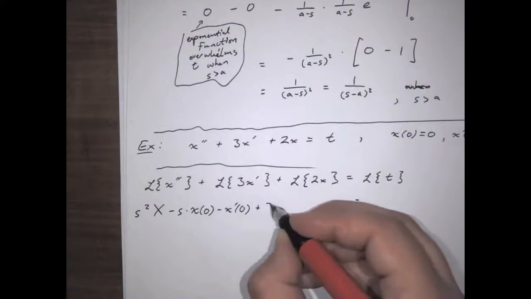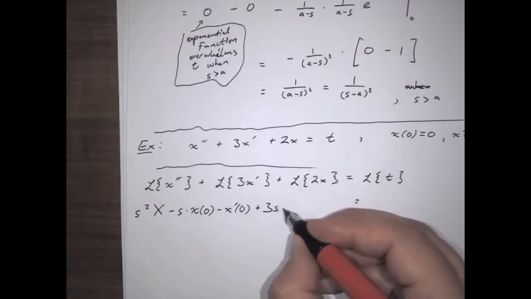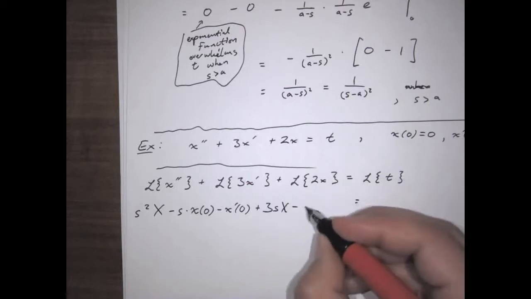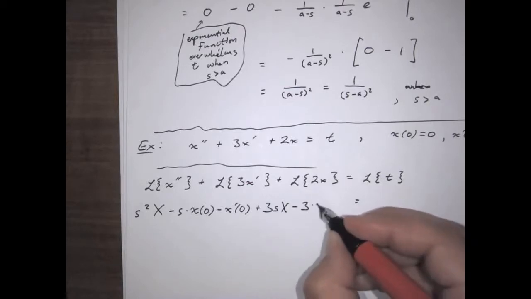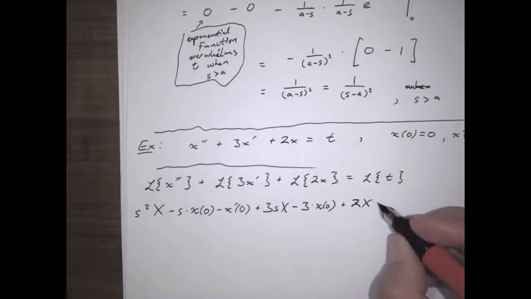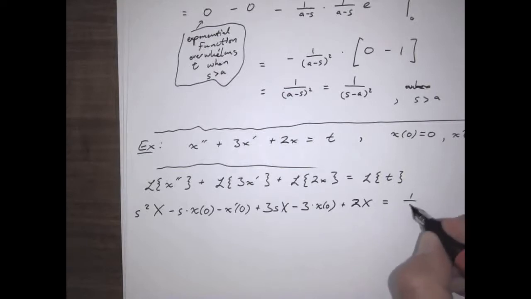Then here we've got plus 3s times the Laplace transform of x minus, that 3 distributes, x of 0 plus 2x is equal to 1 over s. So the Laplace transform of just a t is 1 over s. Actually, sorry, 1 over s squared. Laplace transform of just a t is 1 over s squared.